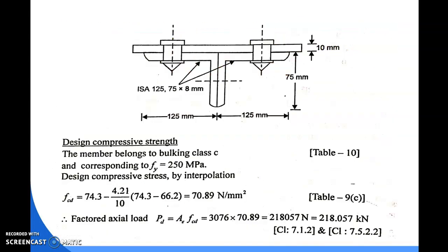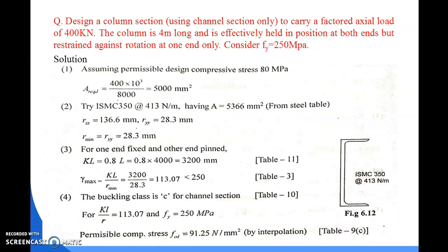So to find out the FCD value, we take the slenderness ratio, that is 113.07, and find the value of FCD as per the Fy value. In table number 9, only two factors are needed to calculate the FCD value: first your slenderness ratio, and second the yield strength of the steel.